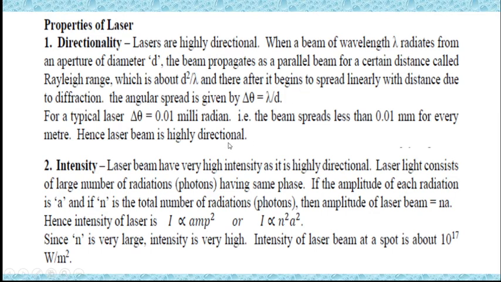For a typical laser, this angular spread will be of the order of 0.01 milliradian. In the sense, after the Rayleigh range, the beam spreads about 0.01 millimeter for every 1 meter distance traveled.